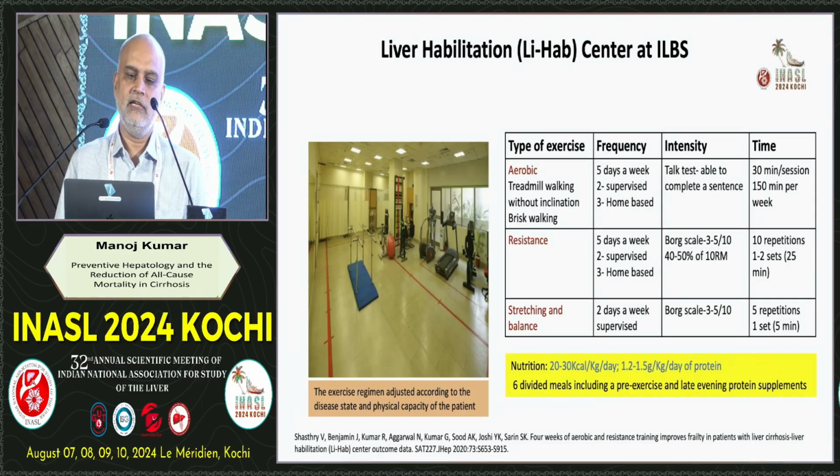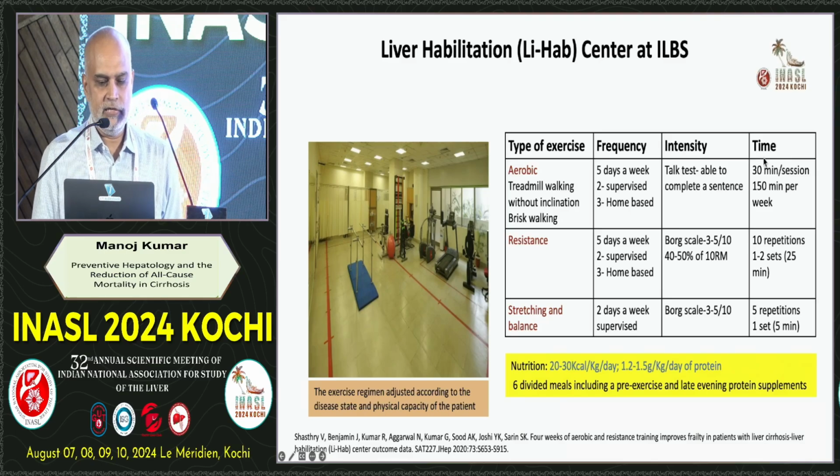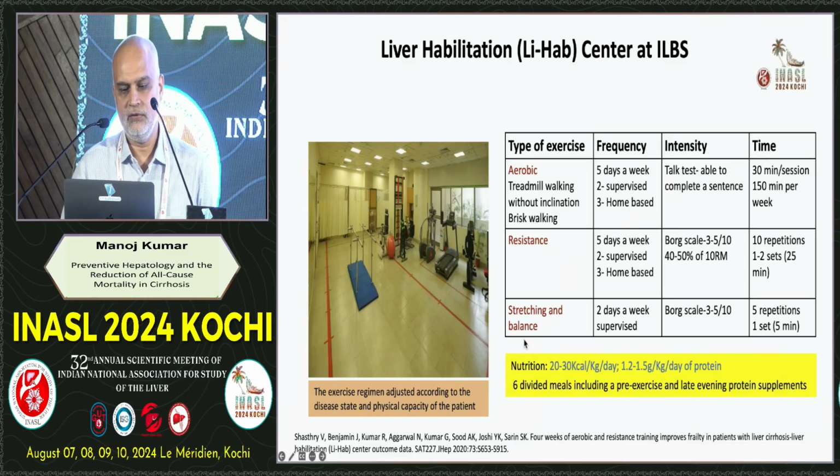We have a liver rehabilitation center at ILBS, and these are the types of exercises, frequency, intensity, and how much time. It is done under the supervision of a physiotherapist. We also take care of the nutritional requirements of these patients, and the exercise program needs to be tailored according to the physical capacity of the patient.